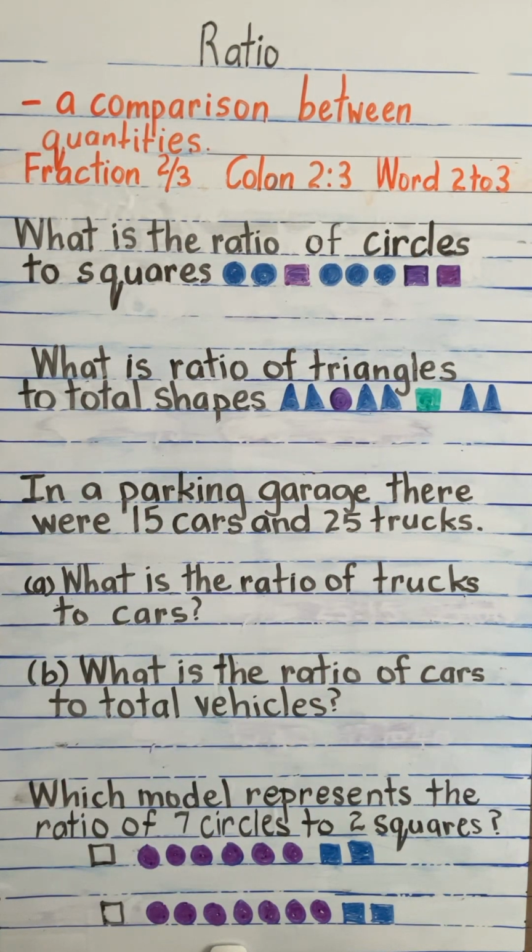Example 1. What is the ratio of circles to squares? When we're writing a ratio, the first number represents the first quantity. So circles to squares, we first count the circles and write that number first, and then we write the number of squares after.